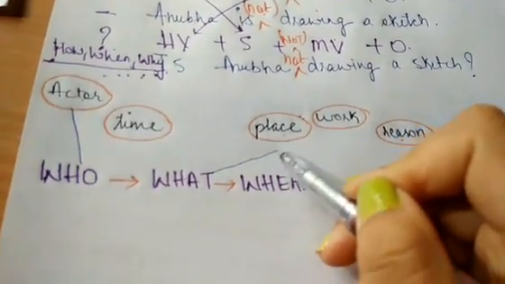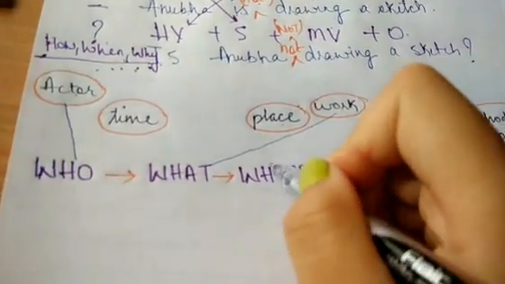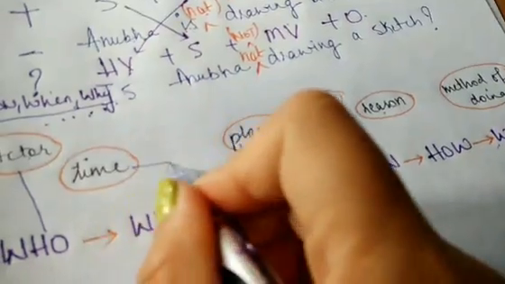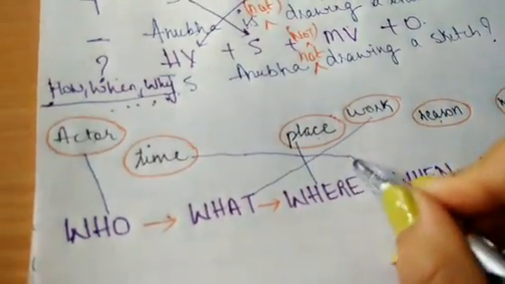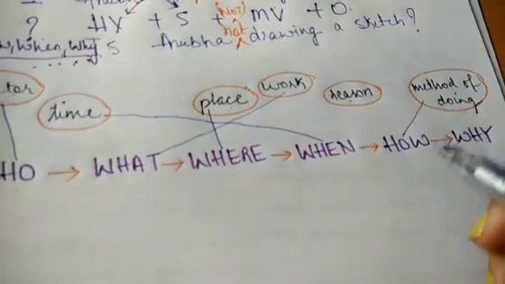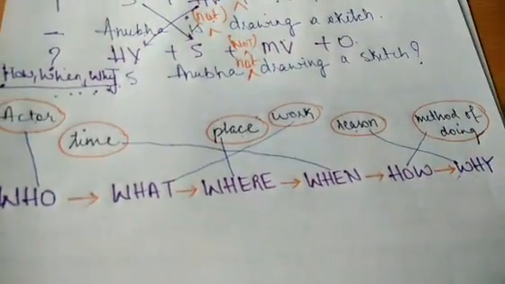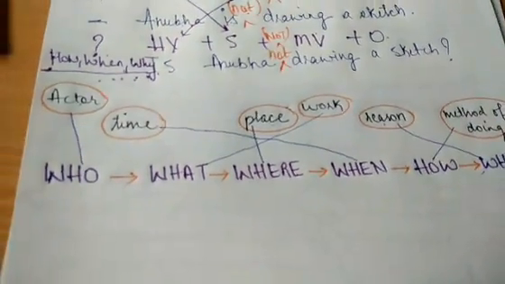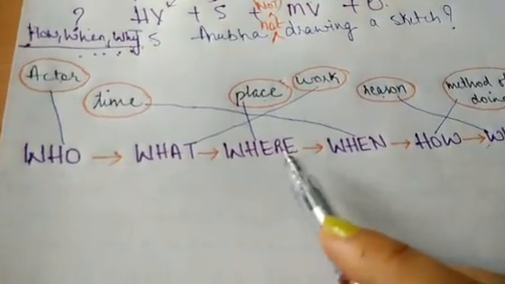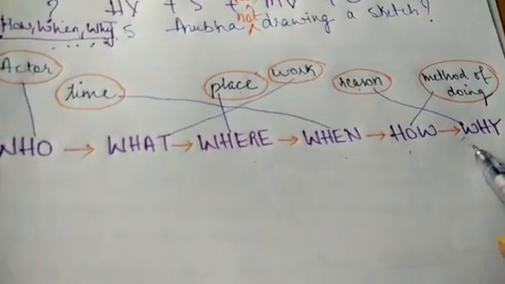This tells us the work, then where tells us about the place, the time is told by when, how tells the method of doing, and why tells about the reason. So this is the sequence followed. First is who, then what, where, when, how, why.